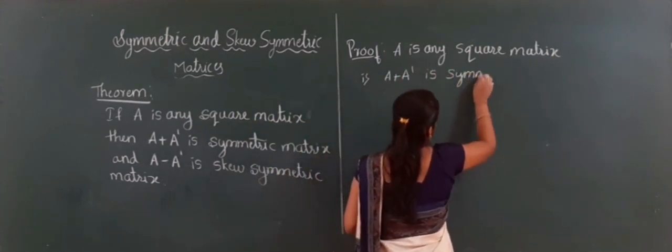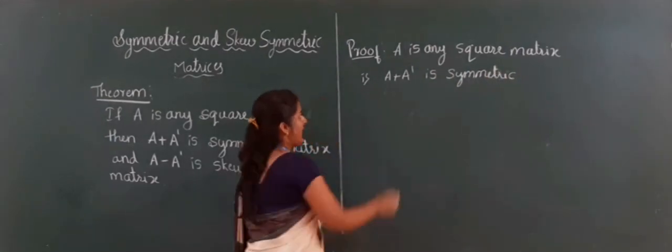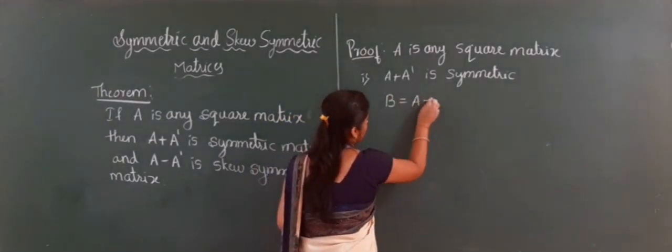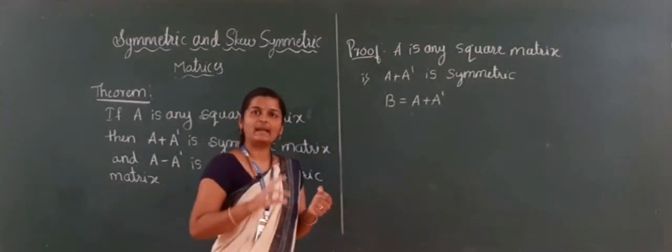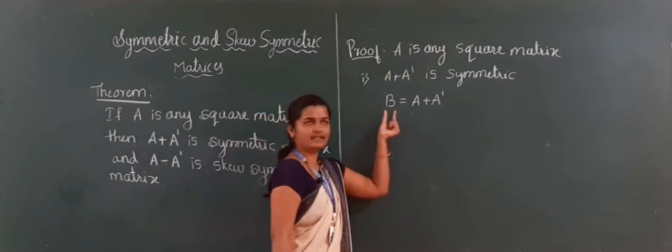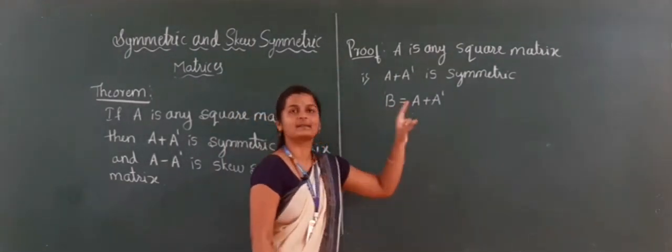So, for that I will consider one matrix B equal to A plus A dash. Whenever you add two matrices, you get one matrix. So, B is A plus A dash, then I have to show that B is a symmetric matrix.